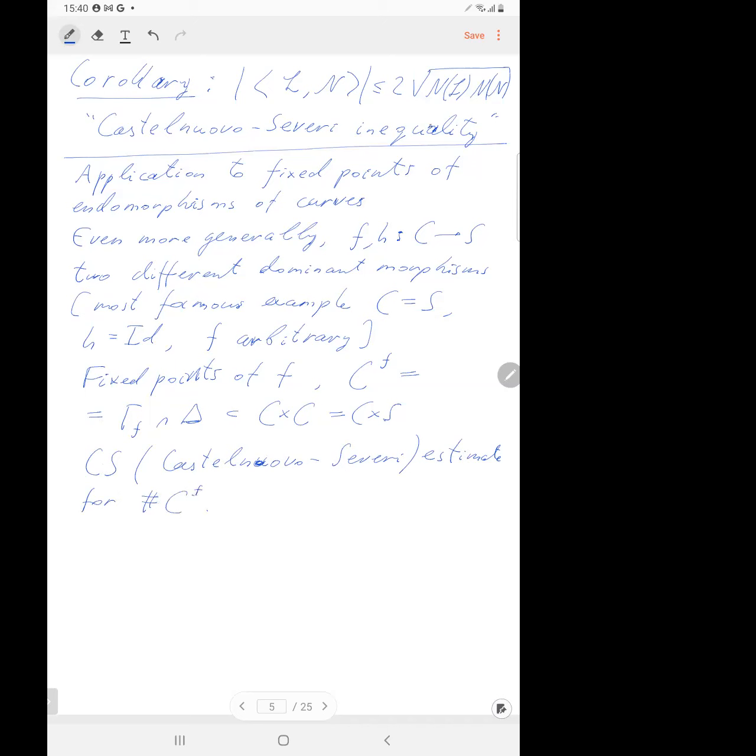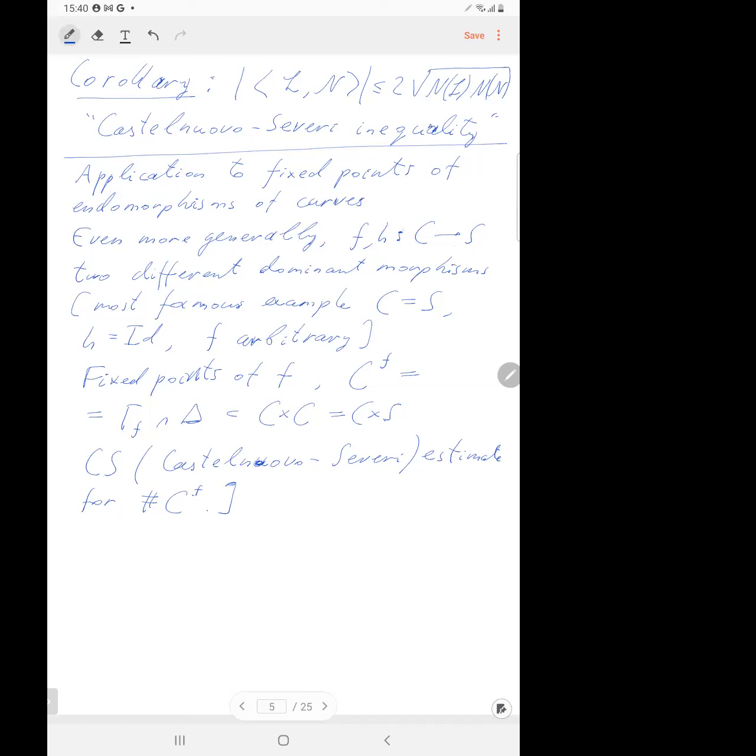Okay, but this was the most famous example, and we are back to our most general formulation. In our most general formulation, the curves are not necessarily isomorphic. There are two different curves, C and S, and we have two morphisms. So in this famous application, one of them was identity.